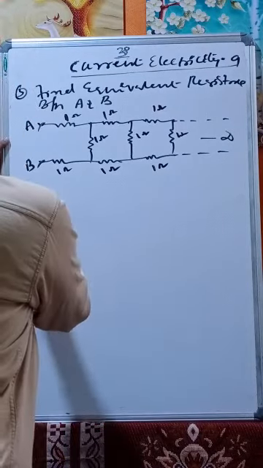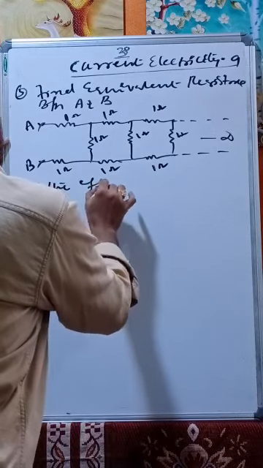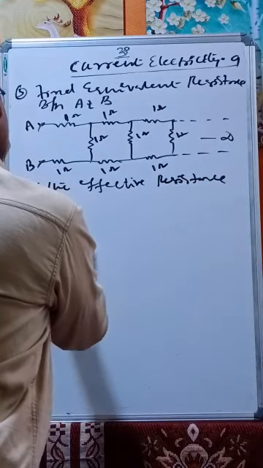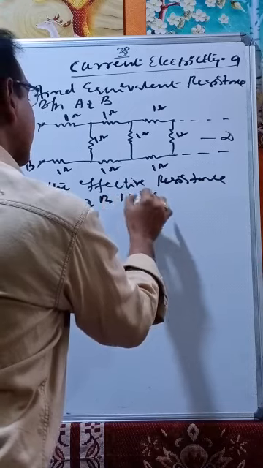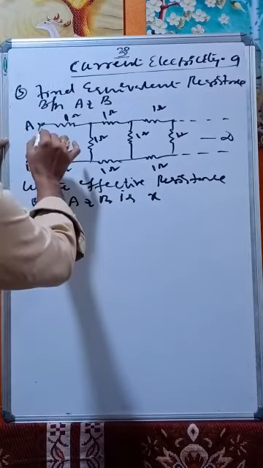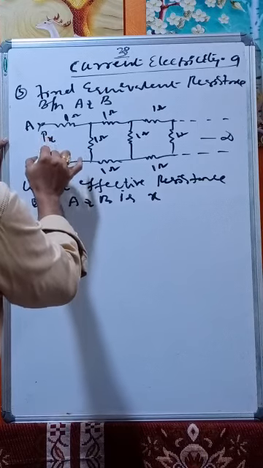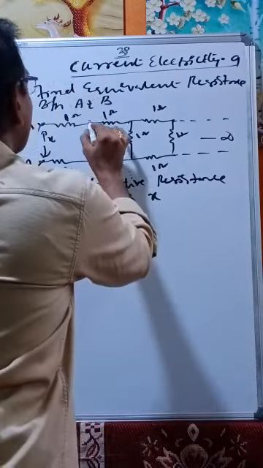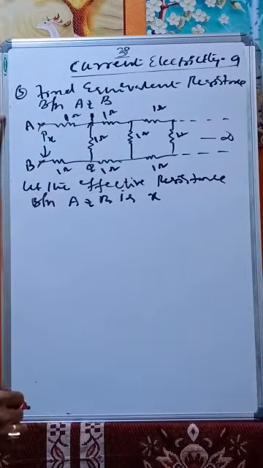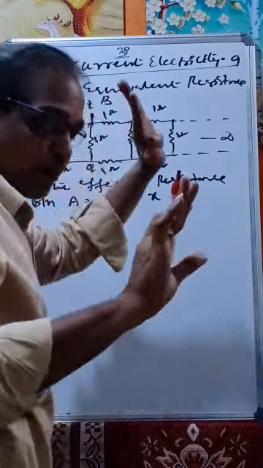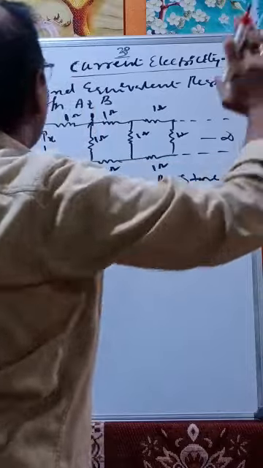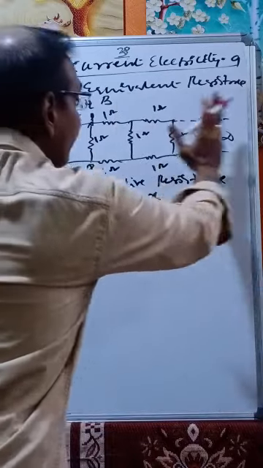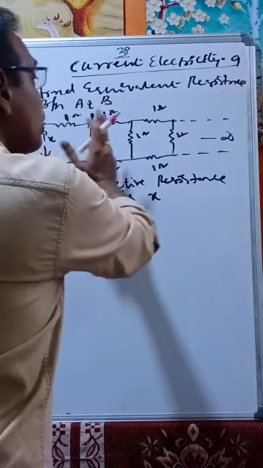Let the effective resistance between A and B be X. Now neglect this first part and consider the circuit from P to Q. Will you find any difference between the circuit from A to B to infinity and from P Q to infinity?